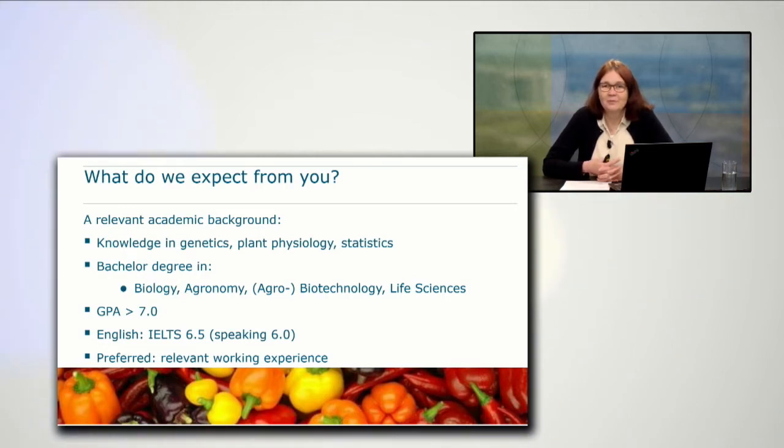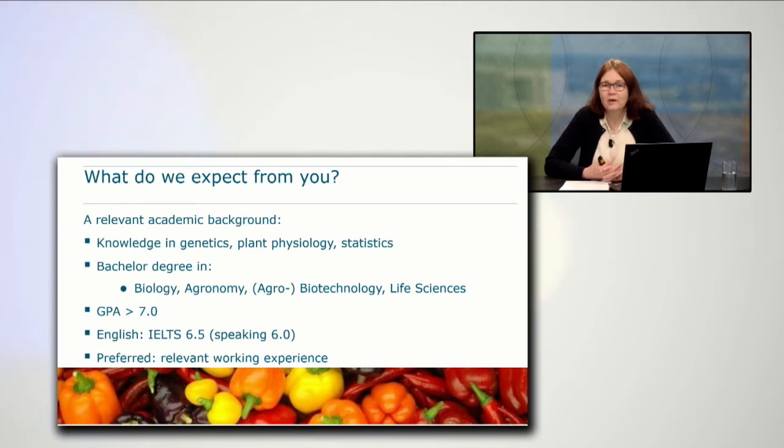We also have some expectations from new students. Because it's a full master level program, you need to have a relevant academic background at bachelor level, and you need to have some bachelor level knowledge in the main areas that relate to plant breeding. You can see them here: genetics, plant physiology, and statistics.